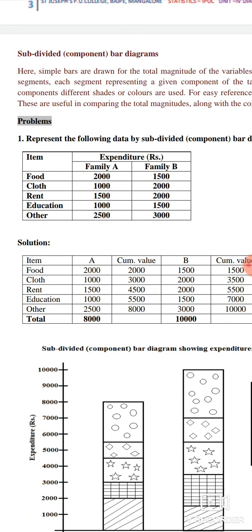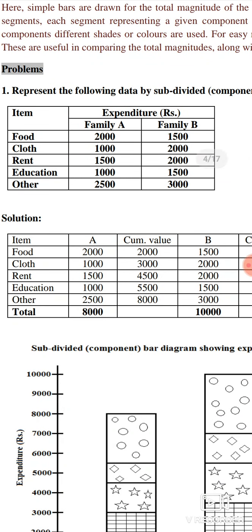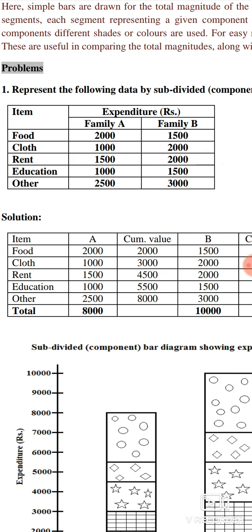And here given that items: food, cloth, rent, education and others, and expenditure of family A and family B on these items, these components are shown below.